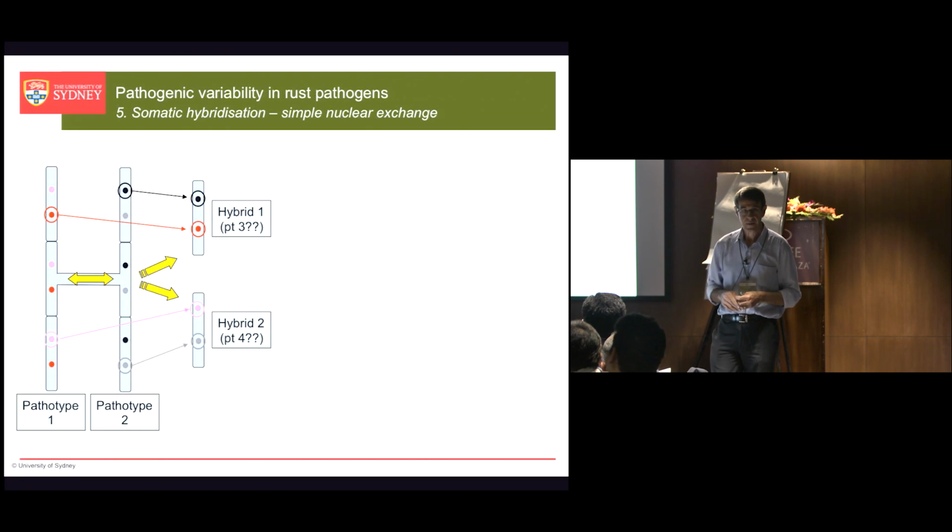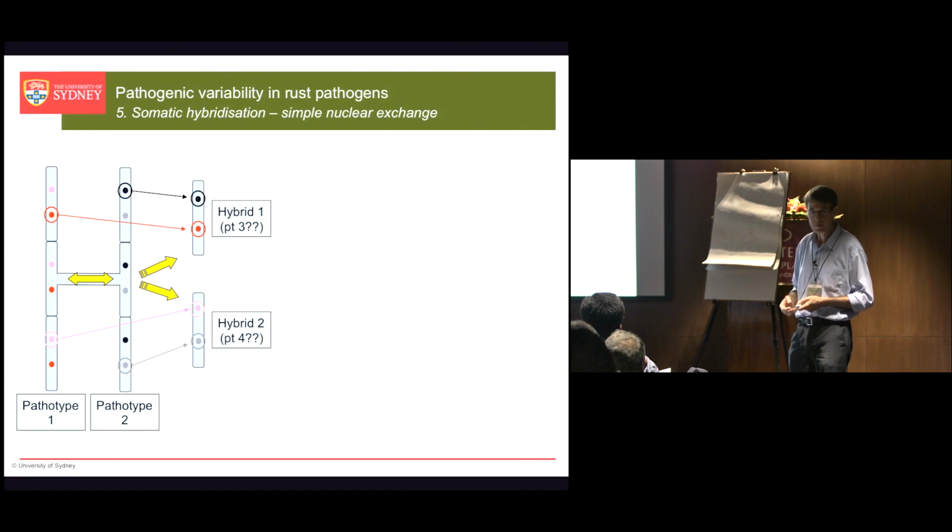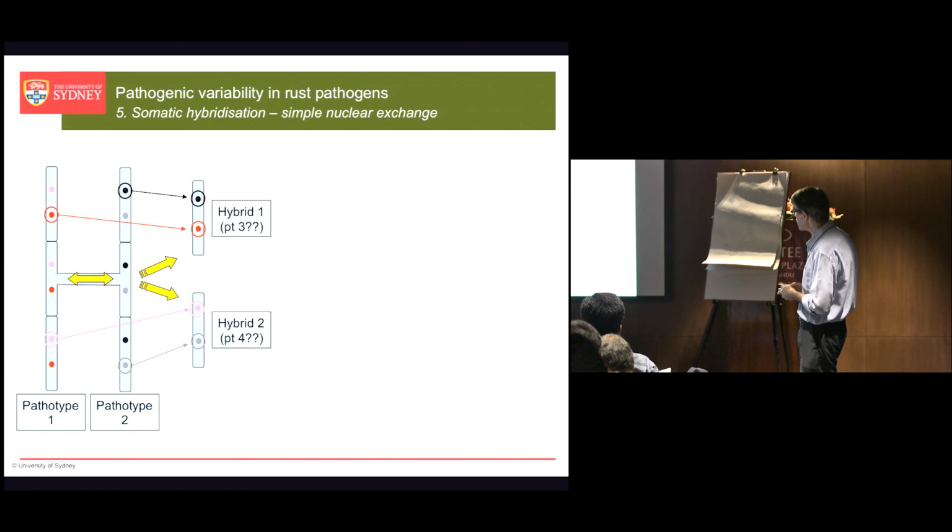All right? So this diagram is a very simplistic example where we have one pathotype that has fused with another one through an asexual process, and then nuclear exchange has occurred, so we end up with a hybrid that combines this nucleus from this isolate with that nucleus from that isolate, and here's the reciprocal one. All right?